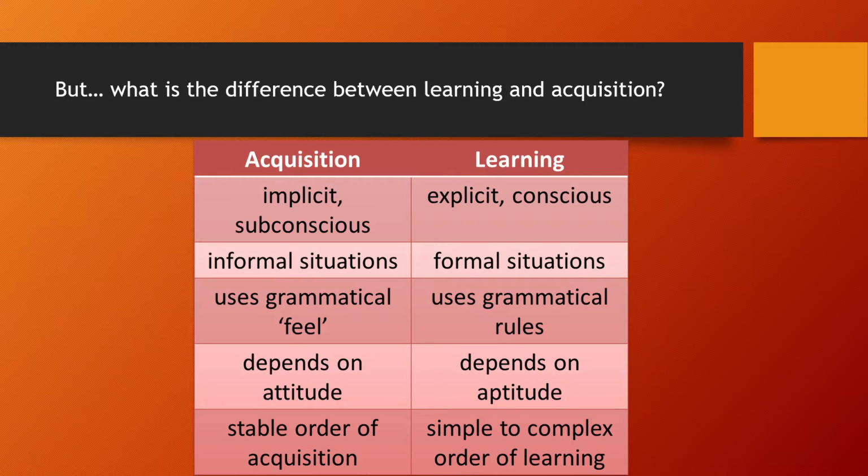When I say I are, and mommy says no, I am, then I will correct myself just by feeling that what I'm speaking is wrong. While in learning, we deal with the grammatical rules.